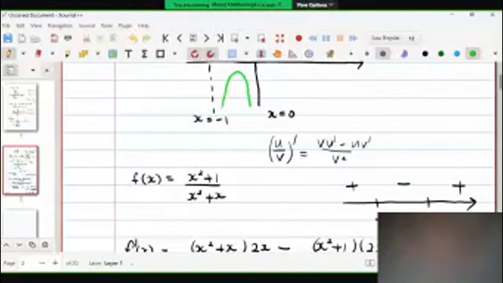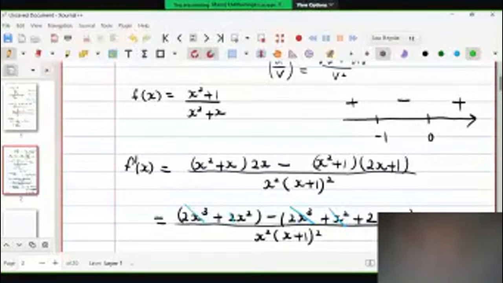If you want, you can find the intersection points.